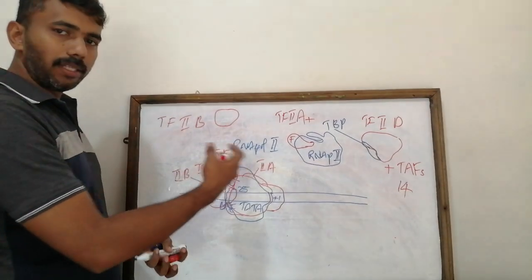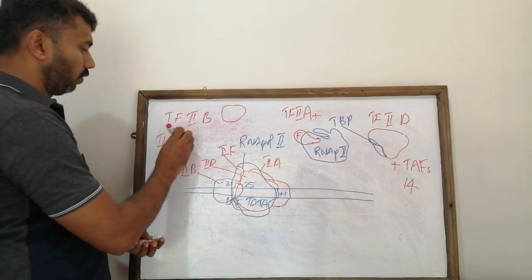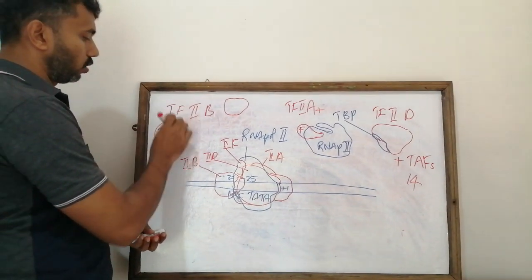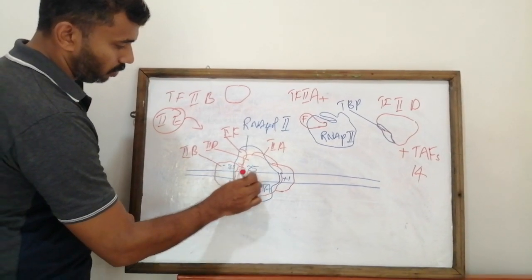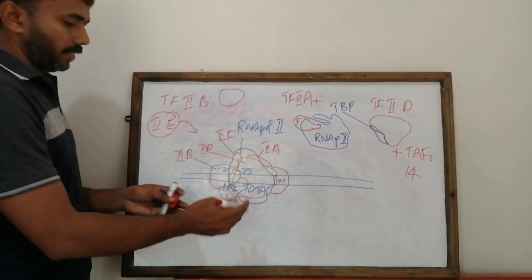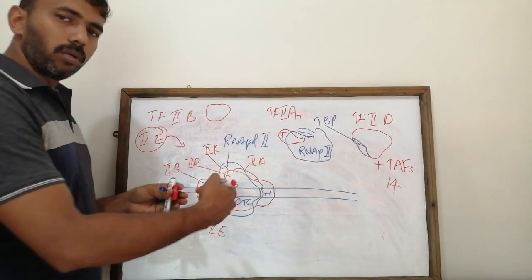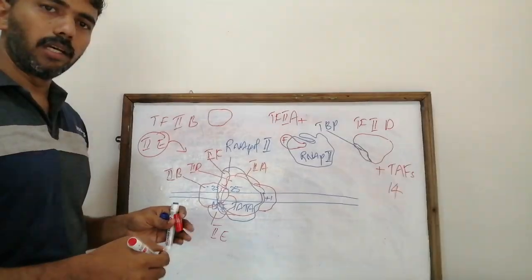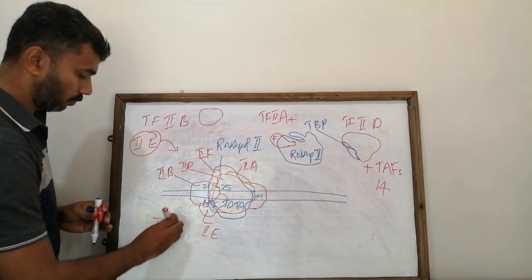And into this multi-subunit complex, now the next element called TF2E will be recruited. So the TF2E will be recruited into this site, and TF2E binding helps the system to recruit the most significant transcription factor called TF2H.